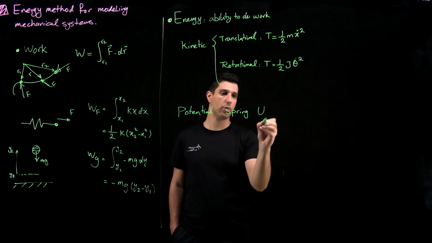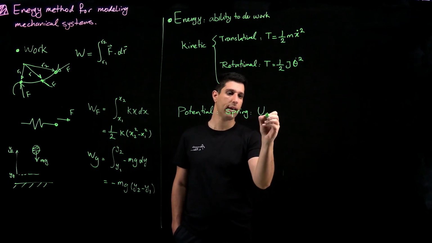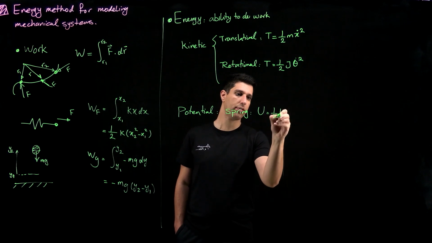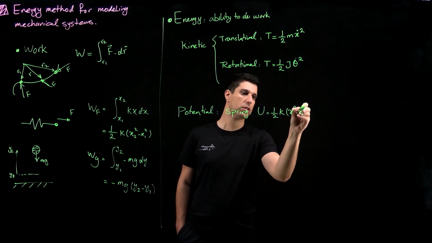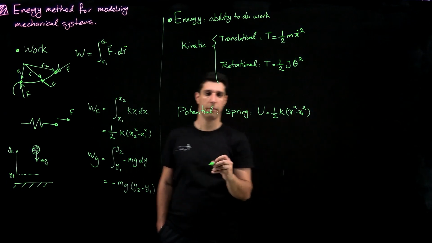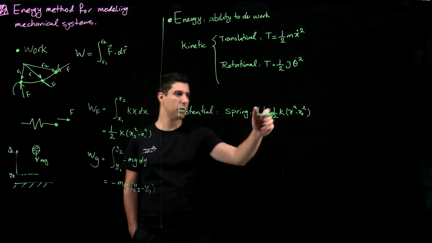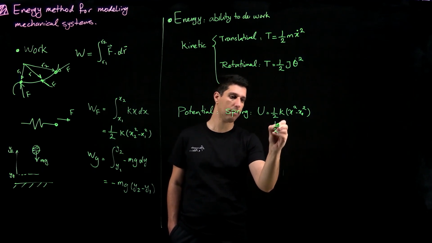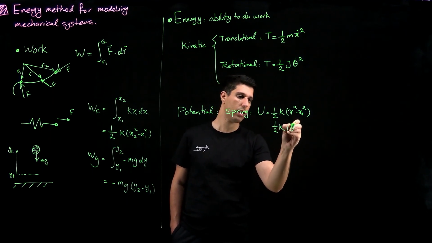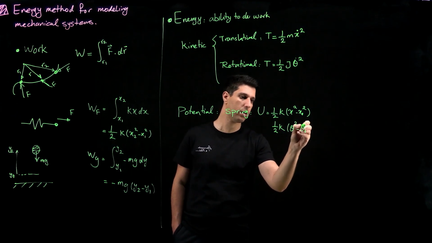We show it as U equals a half k times x squared minus x naught squared. Similarly, in its rotational component, a half k times theta squared minus theta naught squared.